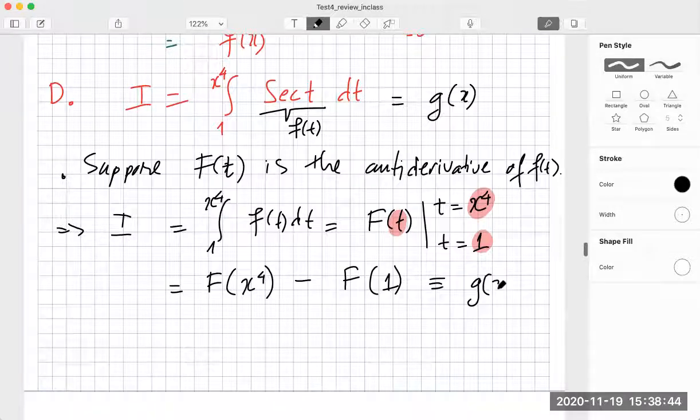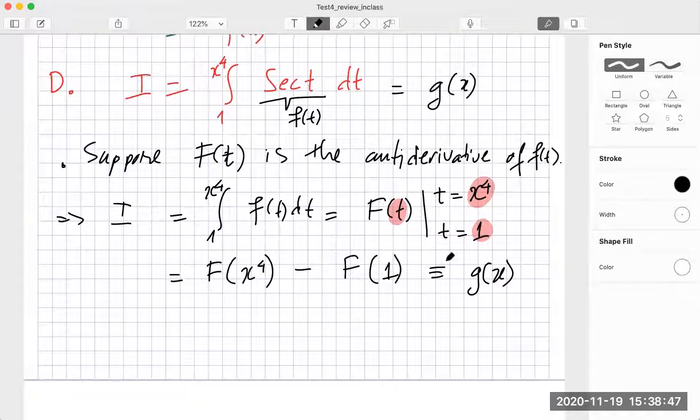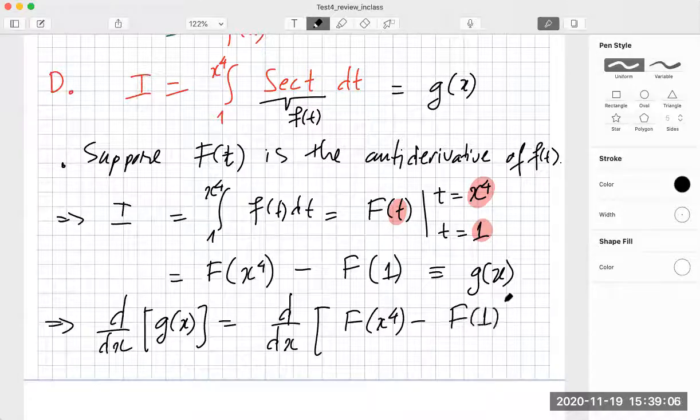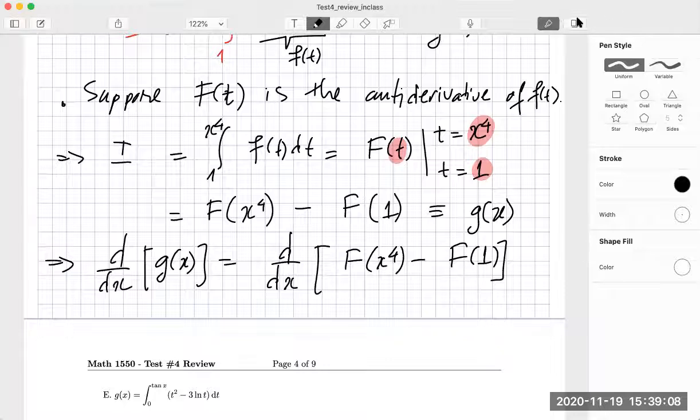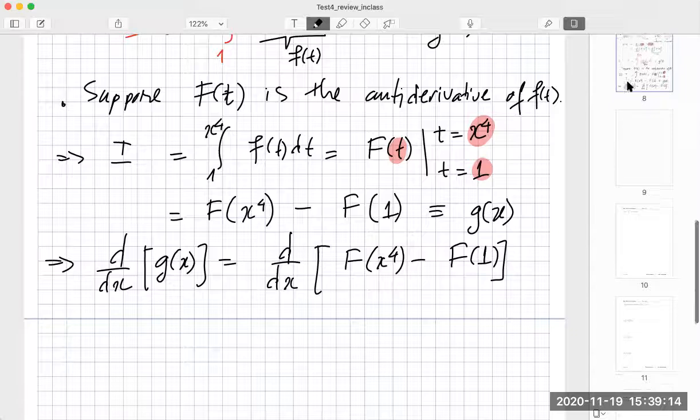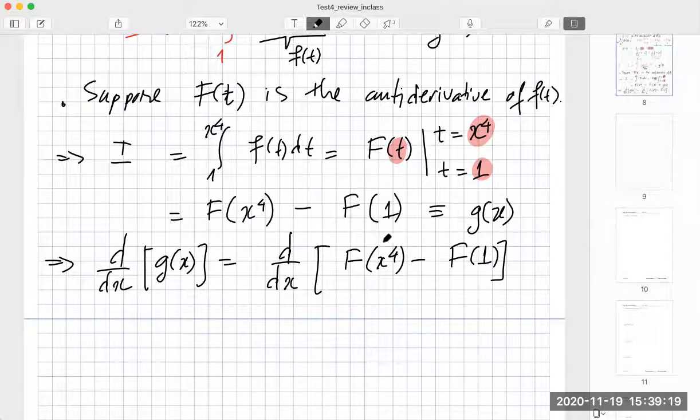Or according to the notation of the problems, it is g of x. Therefore, we can compute the derivative of g of x. It would be the derivative of F of x to the 4th minus F of 1 here, right? Is it okay? That's good. Yes, very good.